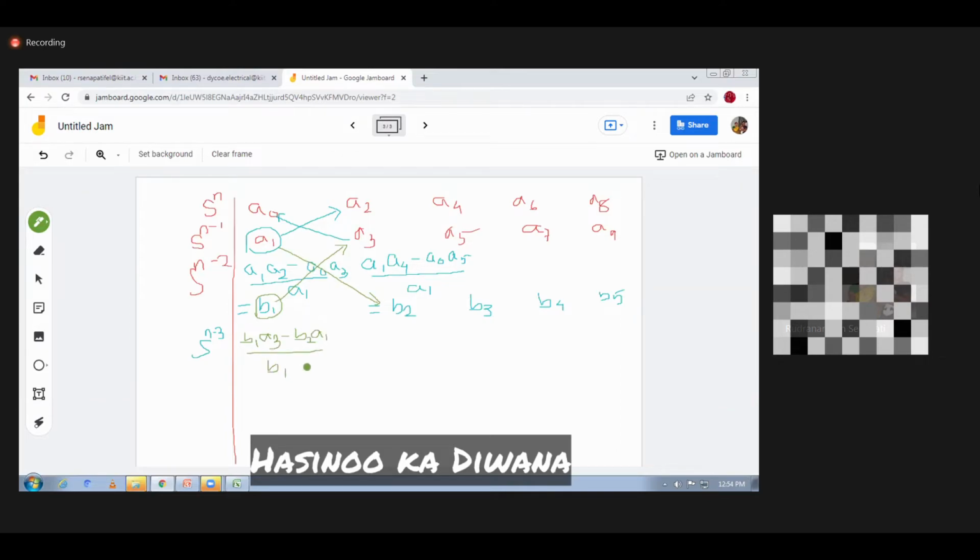Let it be equal to C1. The next one, similarly, you can find out B1, A5 minus B2, A3 divided by B1. That will be equal to C2. You can keep it under the second column. Similarly, on the third column it will be C3, on the fourth column C4, and so on. So you have to continue.